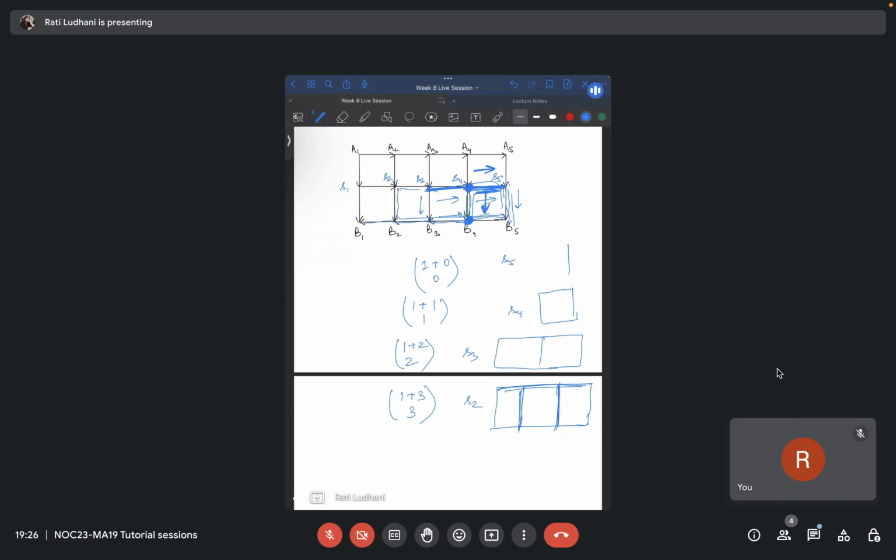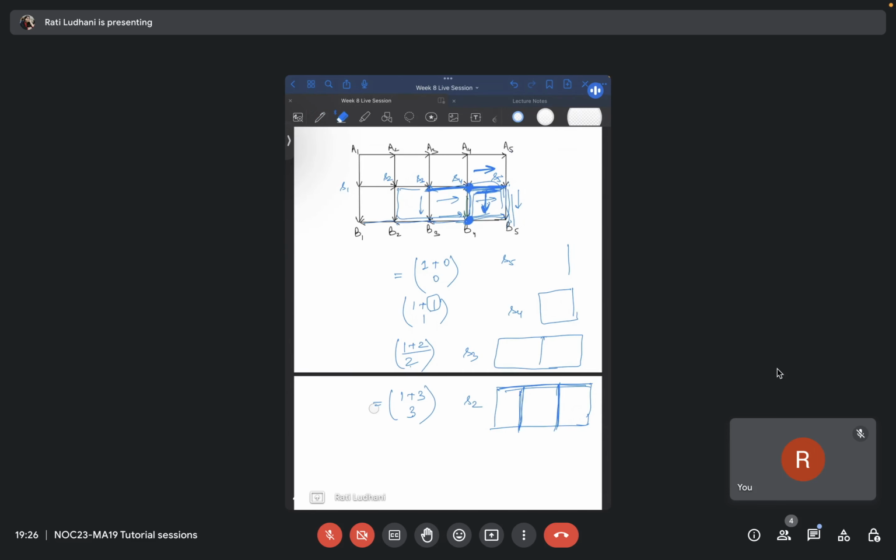So you just need to choose one path. And if you observe, this is exactly this value, because this is 3 choose 1, so you can replace it by 1. So this will be 3. Never mind.